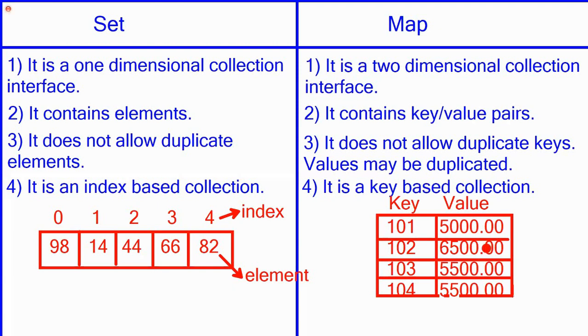If you want to maintain employee number and name, then number is key and name is value. Like that. Gmail username and password: username is key, password is value. ATM card number and ATM pin number: card number is key, pin number is value. Like that we will maintain.